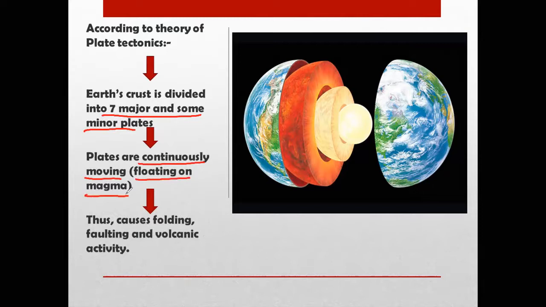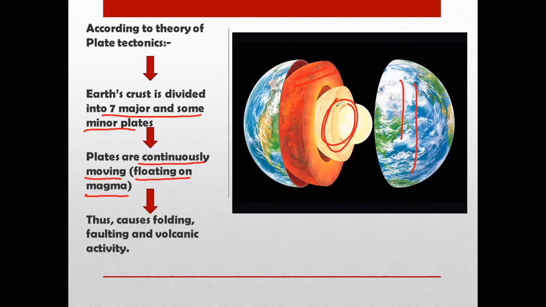Now, what do we understand by the statement that plates are floating on magma? First, we know that Earth is divided into layers. The upper layer is called crust. Then beneath crust lies the magma. And the innermost layer is called core. Now the mantle is in a semi-solid state.